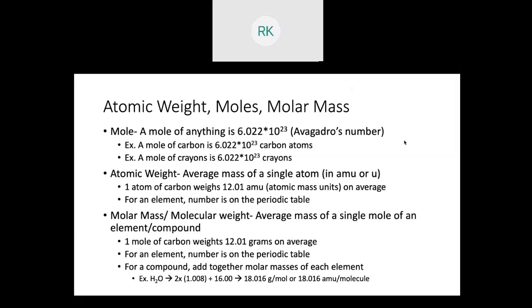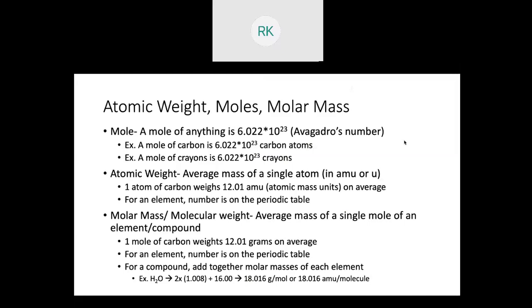So one atom of carbon is 12.01 atomic mass units, but a mole of carbon is 12.01 grams, okay? So the numbers you see on the periodic table, the weights, are in terms of grams when you're talking about a mole of compound. So a mole of oxygen, for example, weighs 16.00 grams per mole on average. And again, we'll get into the on average part in just a minute.